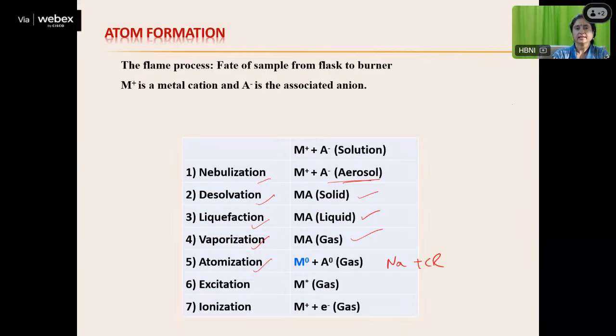Again, temperature is there, so by absorbing the light from the source, they will get excited to a higher energy level, and then atomic absorption will happen. Sometimes it may ionize also, depending on its ionization potential. If it is less, then it may ionize.